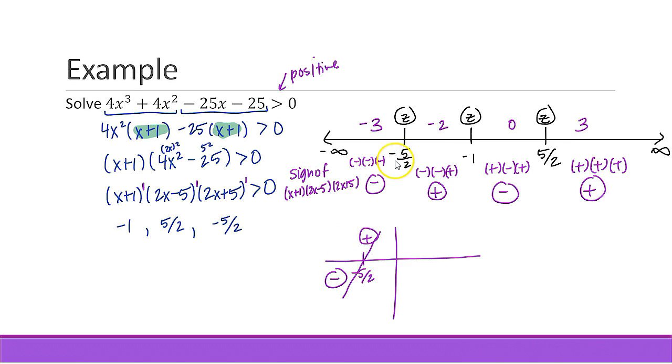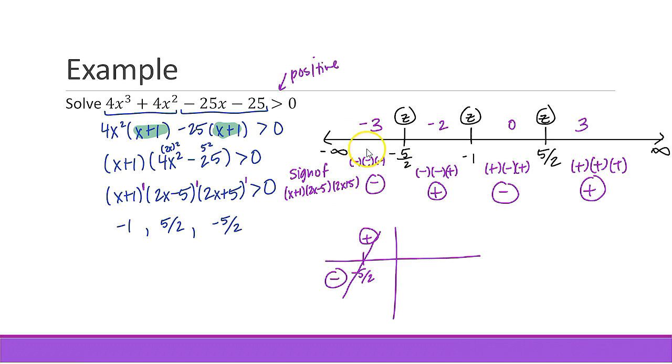So if the 0 comes from an odd multiplicity, that means my graph will have to cross the x-axis or cut through it and change sign. So we can see how they bounce between negative, positive, because every single factor had a multiplicity of 1. So at every 0, I'm going to have to change sign.